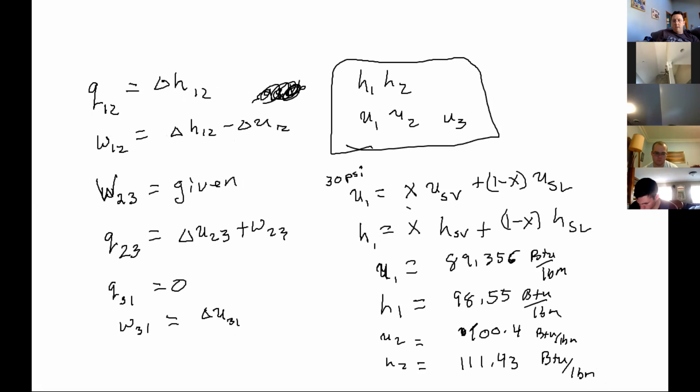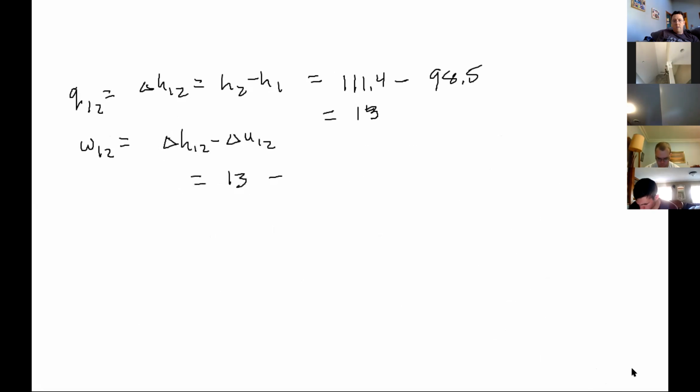So that's going to be 100.4 minus 89.4, which is 11. So that's about 2 BTUs, the work from 1 to 2. You guys get the same number there. In round numbers, I'm doing it in my head here.